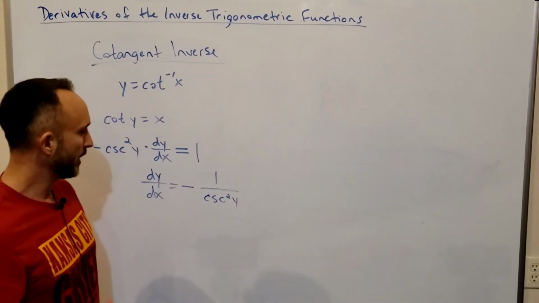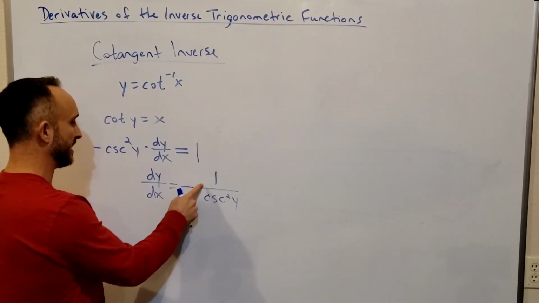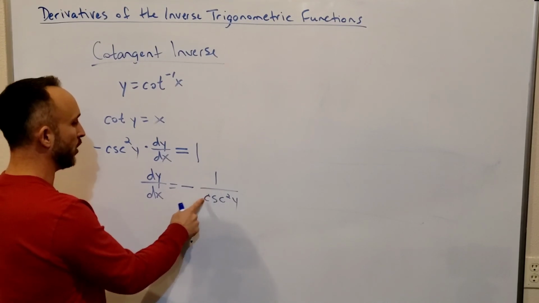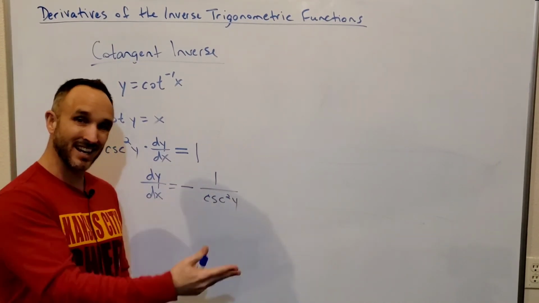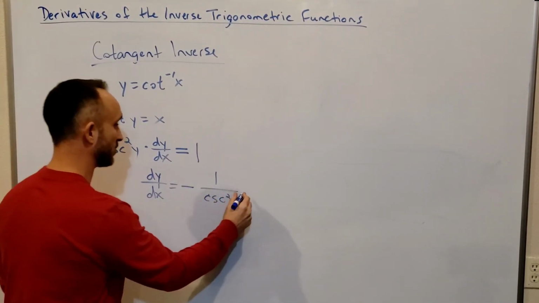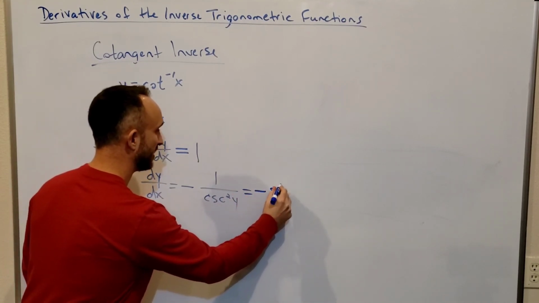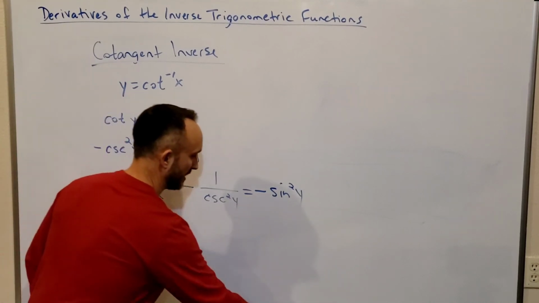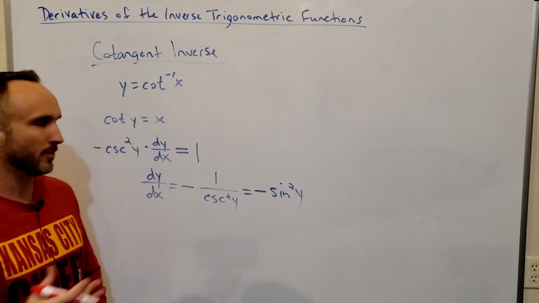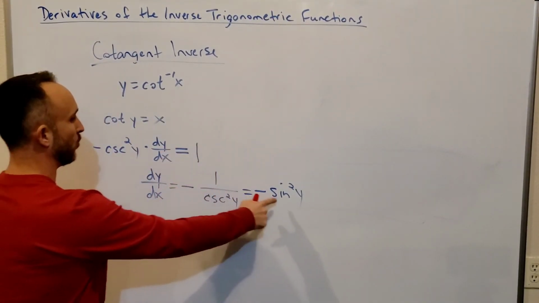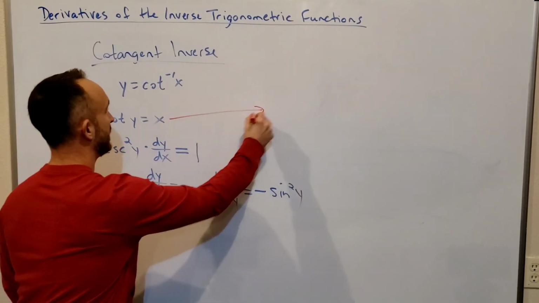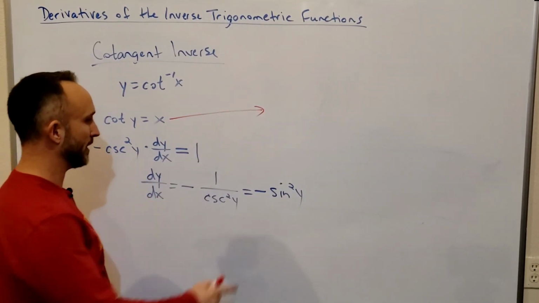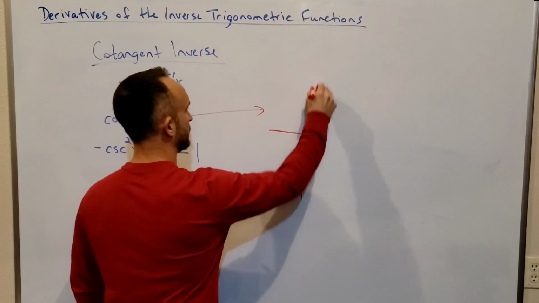Which now I'll point out, there's a bit of a shortcut you can take here because 1 over cosecant is just sine. So 1 over cosecant squared is just sine squared of y. So that may be nice to keep in mind. A good reminder anyway. But we still have y. We need to come over here and figure out more about this y and its relationship to x.